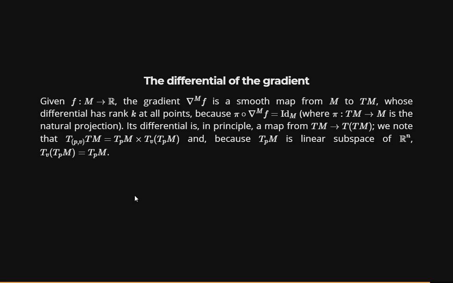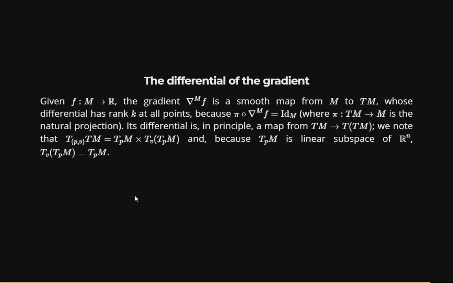Now, the complicated thing, which is the last thing I want to show you, because it's why the Hessian is not easy. Take your map f from M to R. Take the gradient, which is a smooth map from M to the tangent bundle. You can take the differential of the gradient. As a smooth map, you take the differential of this one.